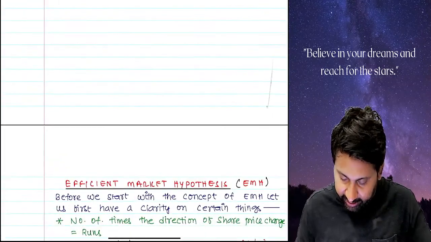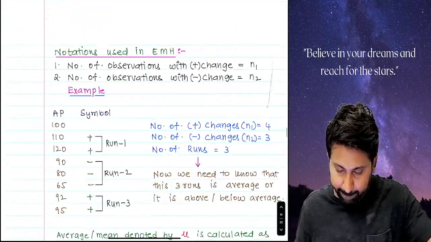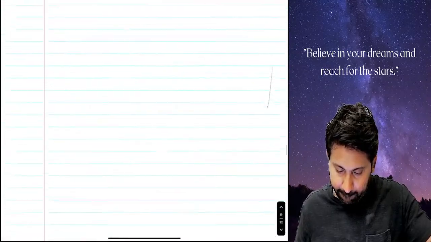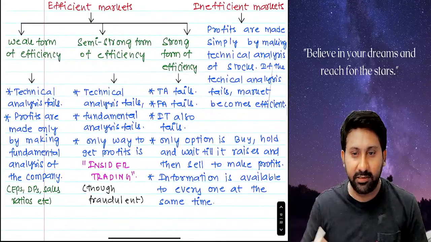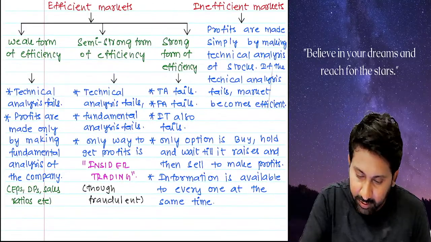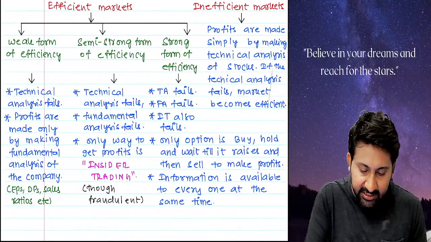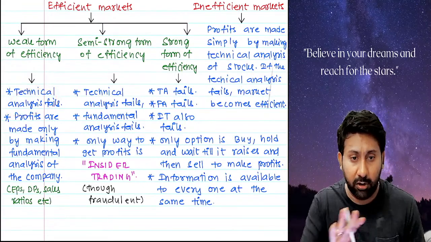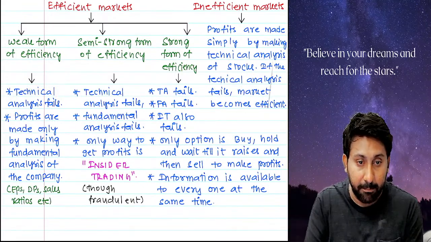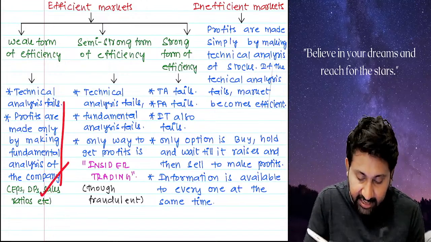I will show you directly. Okay. Directly see there. Instead of writing, I can directly show you. Technical analysis fails. Okay, you can't do. Profits can be made by making fundamental analysis only.